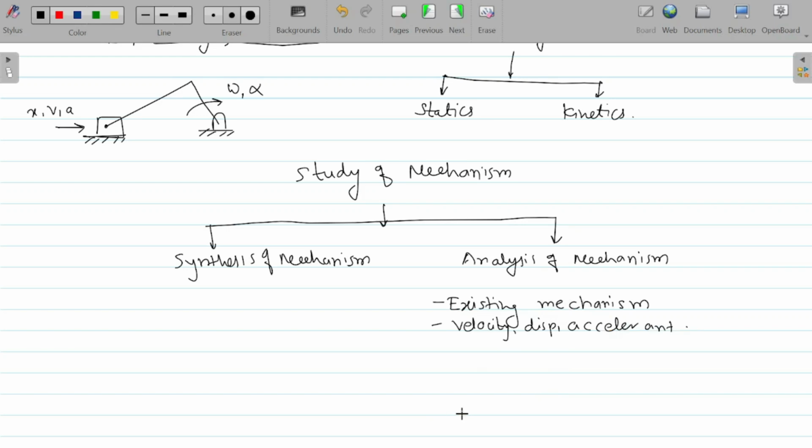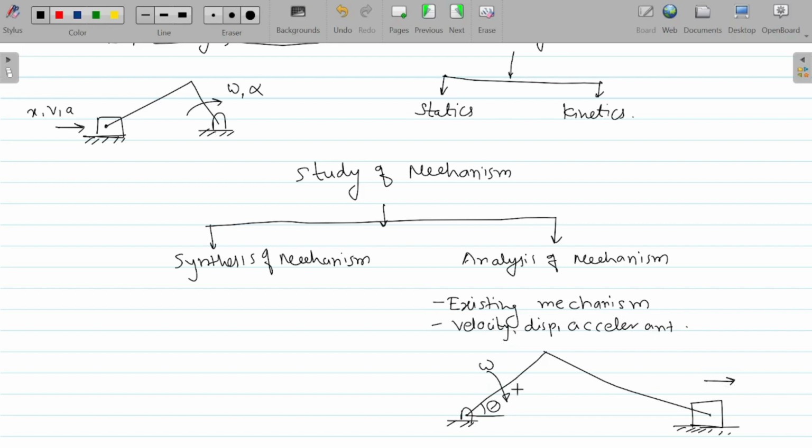For example, I am considering the example of slider crank. Why am I always considering the example of slider crank? Because it is the easiest mechanism. There we can easily understand the linear movement of the piston or slider. So this is your omega. Omega is nothing but the angular velocity of this at a particular angle theta. Then velocity, displacement and acceleration of piston I have to find.